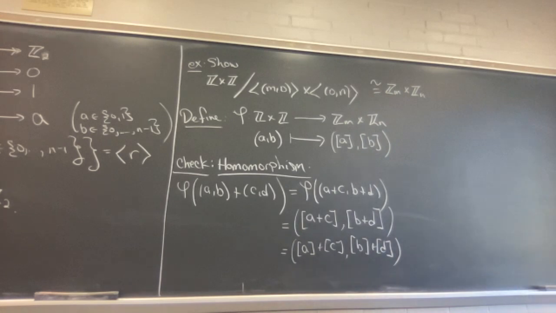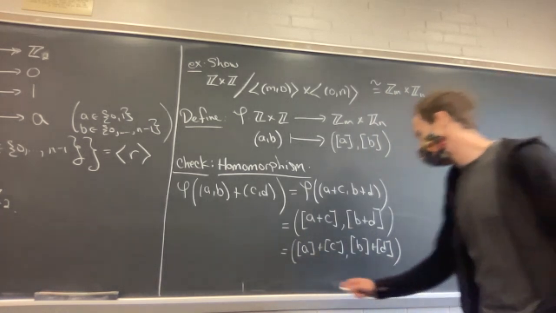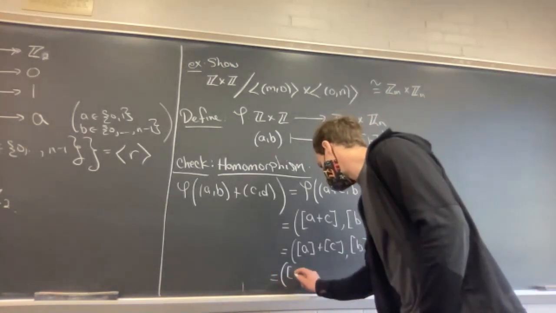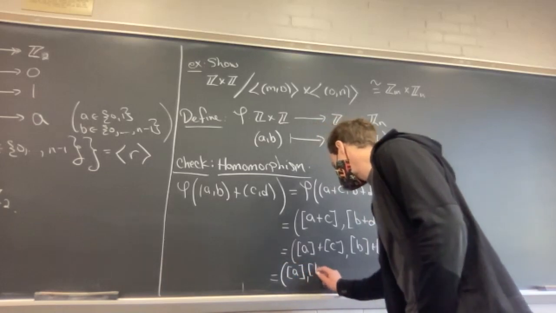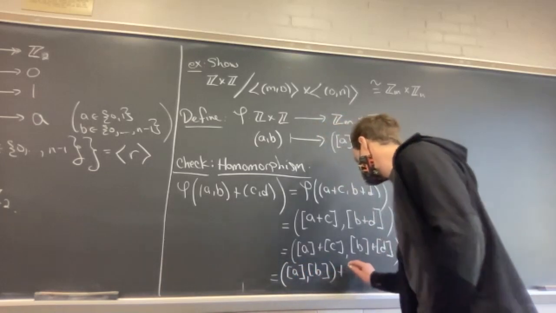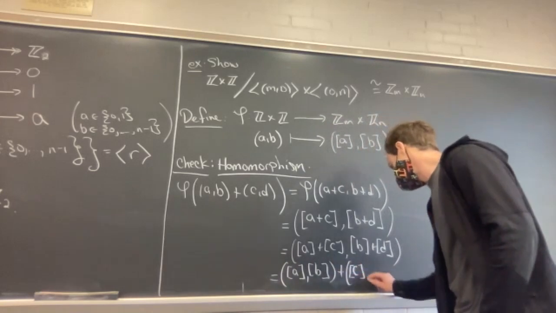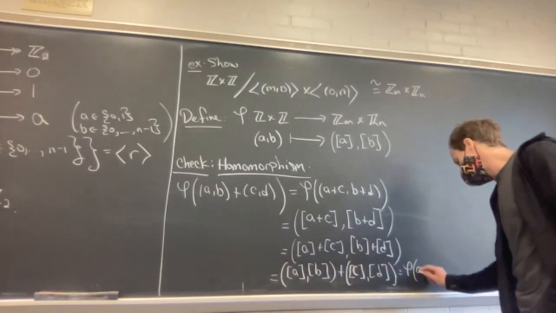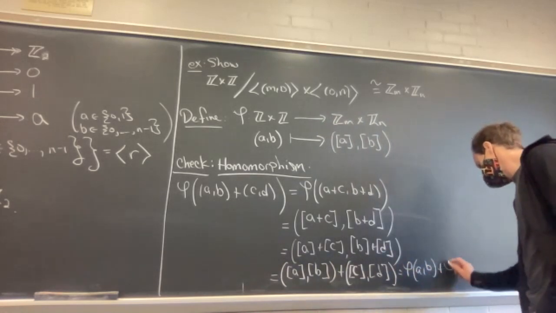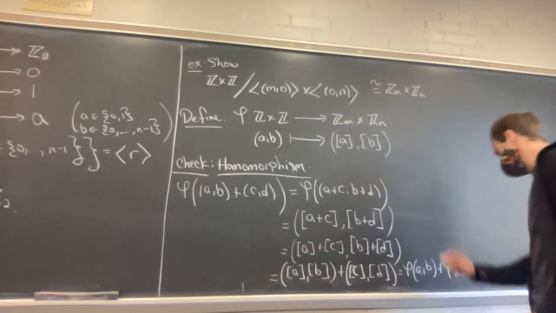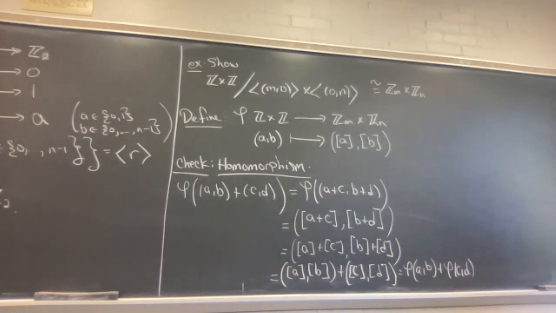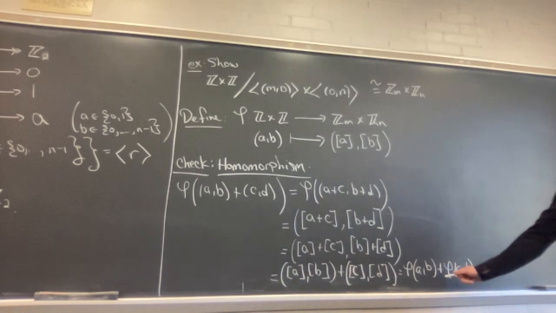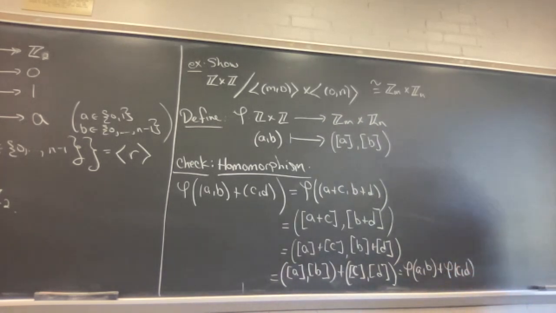Now we can pull this apart into the ordered pair [a], [b] plus [c], [d]. But then that is phi of (a, b) plus phi of (c, d), where this plus is happening inside of Zm cross Zn. So we're good. It is a homomorphism.